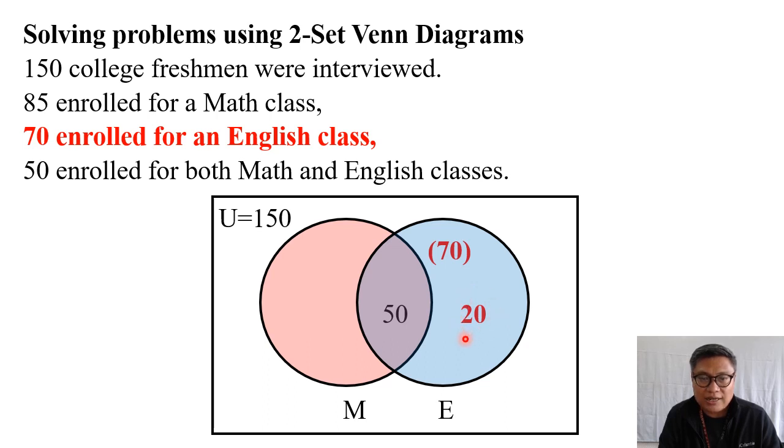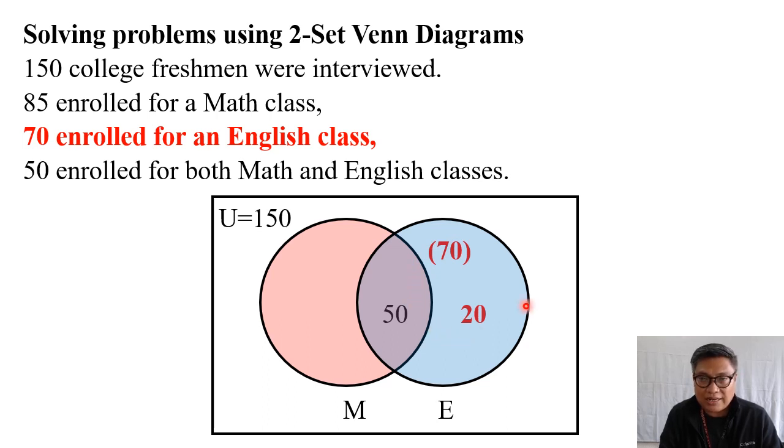This 20 is the number of freshmen who had English class only. If we add 50 plus 20 again, it gives us a total of 70, indicating that there is a total of 70 freshmen who had English class only and English class plus a math class at the same time. So we have already satisfied our set for the English class.